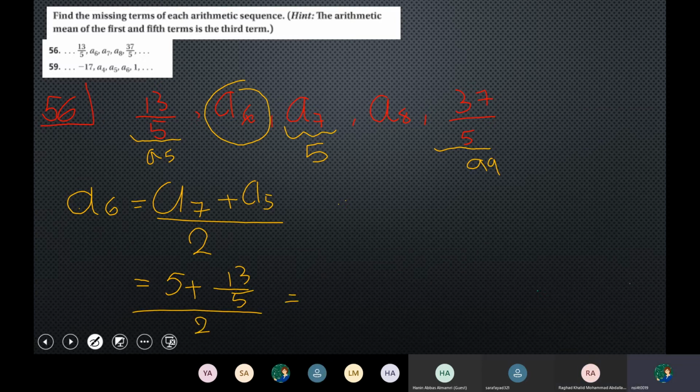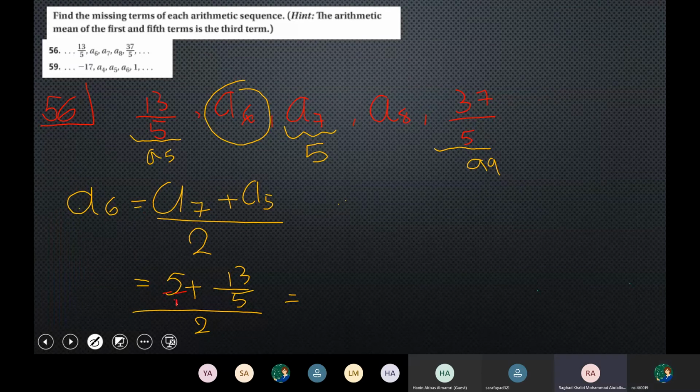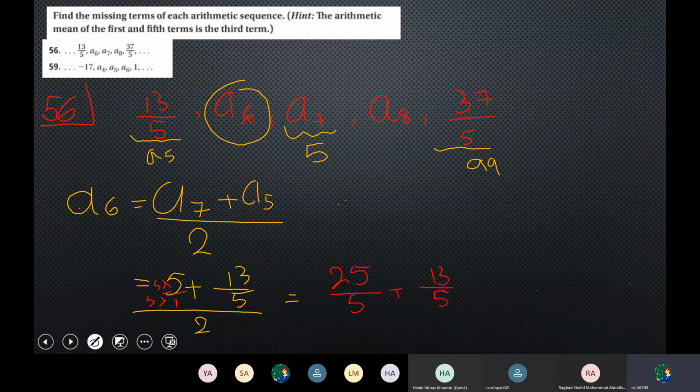Then find the ratio or the division. Okay, before that you have to add 5 plus 13 over 5. If you multiply here by 5, you will get 25 over 5 plus 13 over 5, over 2. You have to find the common denominator, they have the common denominator. So 38 over 5.